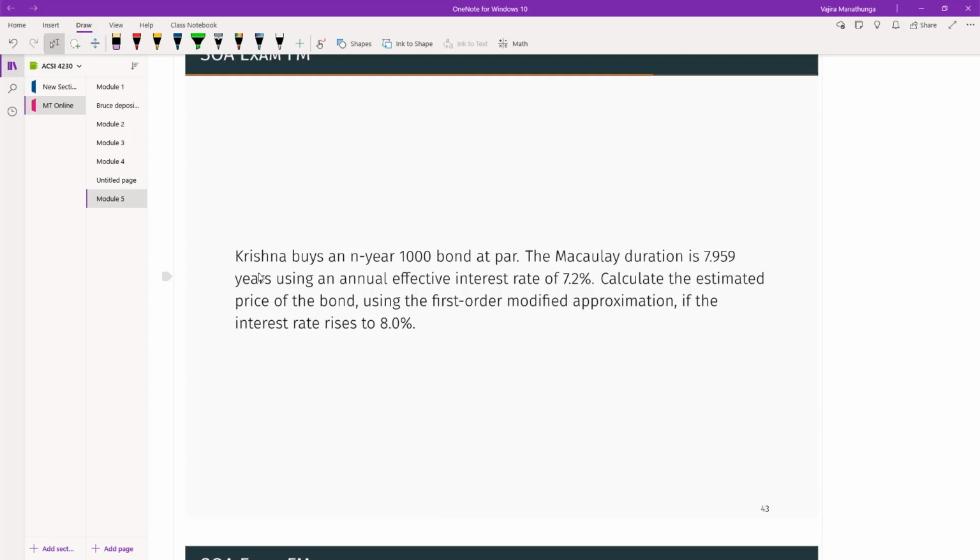Calculate the estimated price of the bond using the first order modified approximation if the interest rate rises to 8.0%. So let's write the first order modified approximation. The new price P(i) is approximately equal to P(i naught) minus D mod at I naught times P(i naught) times the interest rate change, I minus I naught.